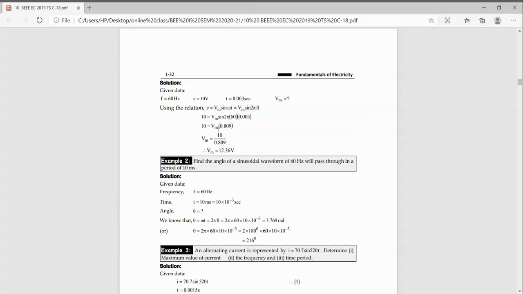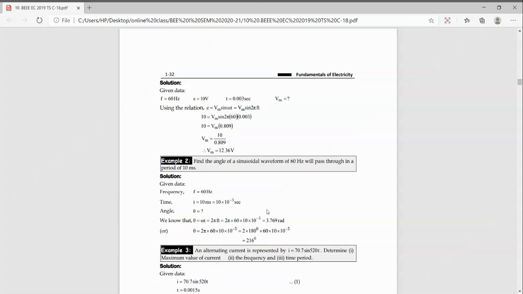The sine part is 0.809, so Vm is equal to 10 divided by 0.809, which is 12.36 volts. This is the maximum voltage. This is how we calculate if any one quantity in this formula is unknown; we can directly calculate that unknown value.